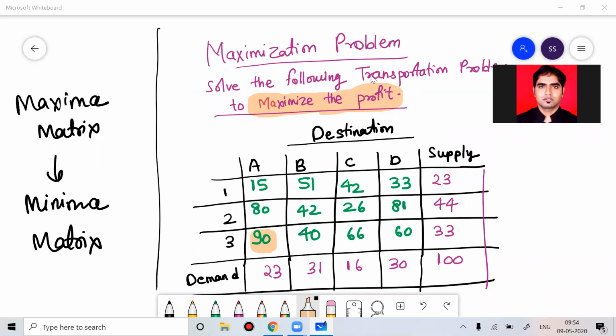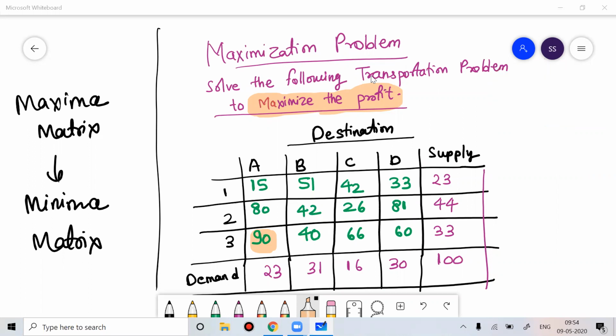The highest element is 90. You have altogether 12 elements, so subtract all the 12 elements from 90. With that you convert the objective function from maxima to minima.